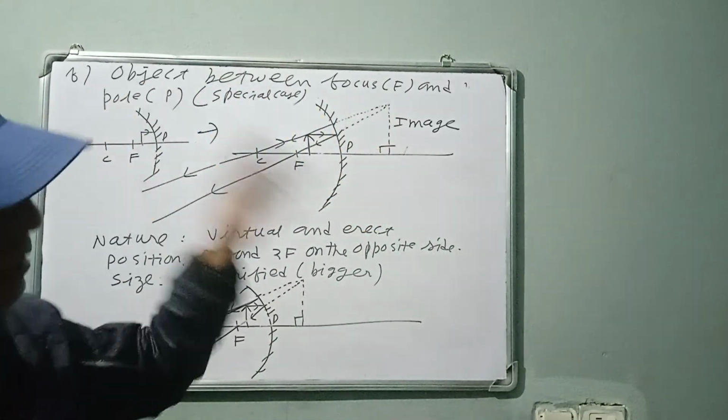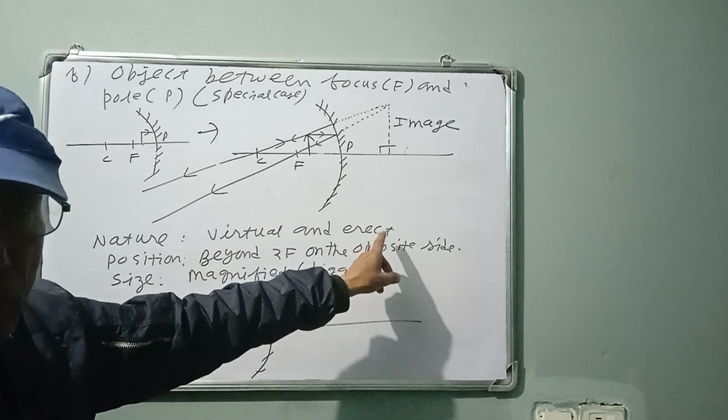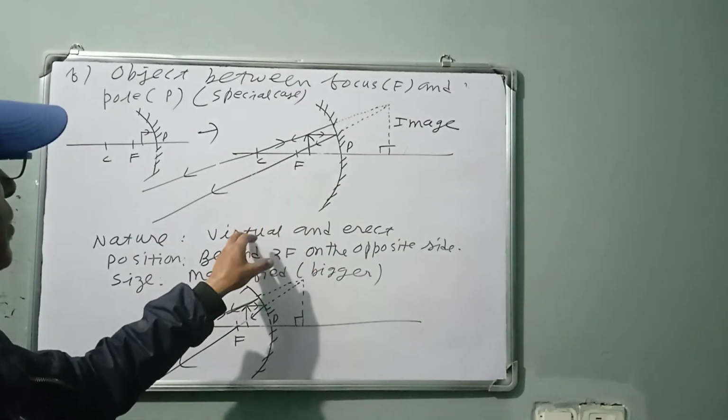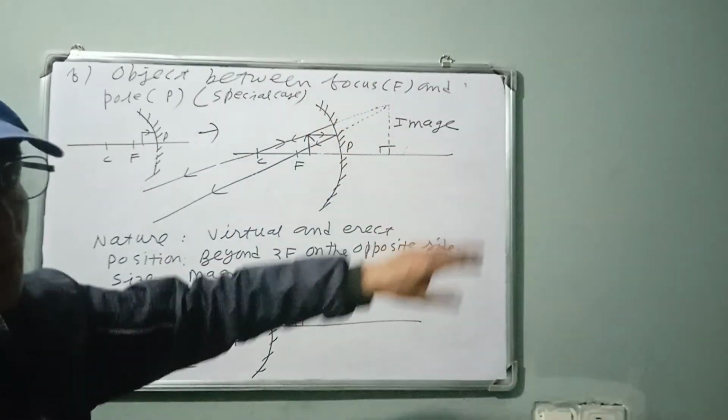In all other cases, the image is real and inverted, but only in this case, the image is virtual and erect. So, this is a special case.